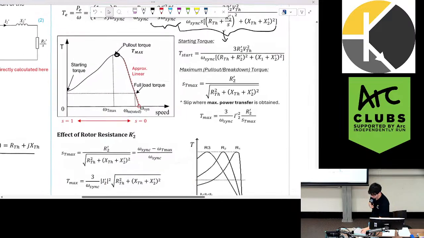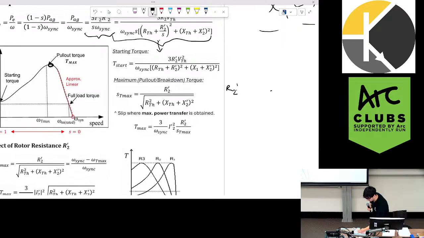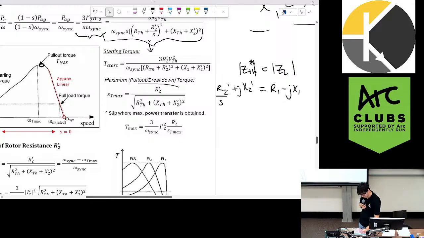And so by equating R2 dash plus jX2 dash, this should be on s, R1 minus jX1, because we want the Thevenin to be equivalent to the load conjugate. If we rearrange that, we get this equation, which tells us where the maximum slip occurs.